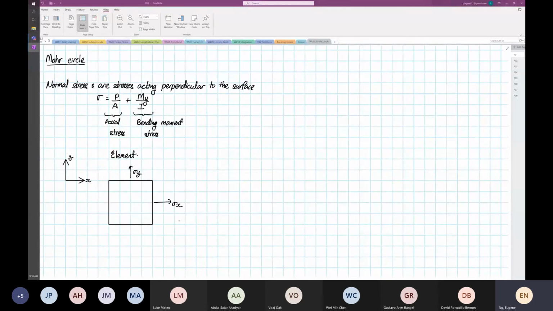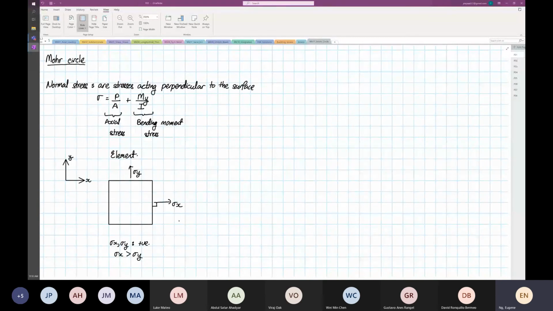As we mentioned earlier, our stresses act perpendicular to the surface, so the perpendicular is over here. For this case, we are going to assume that stress x and stress y are both positive, and we're going to declare that stress x magnitude is greater than stress y, just a condition that I've decided to impose.